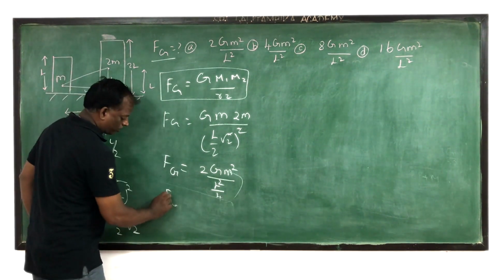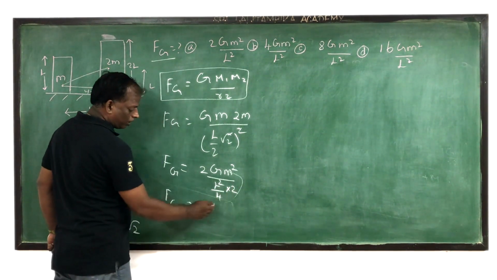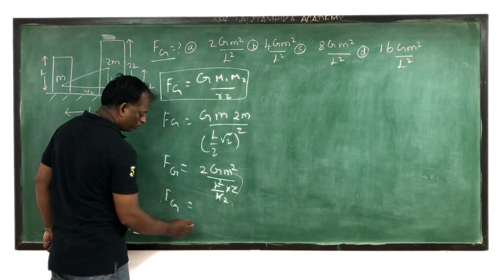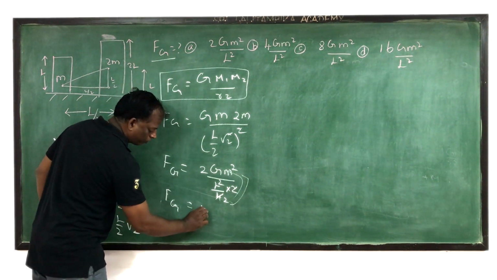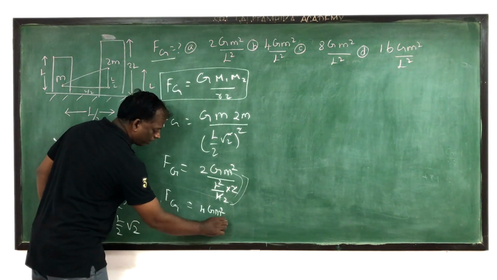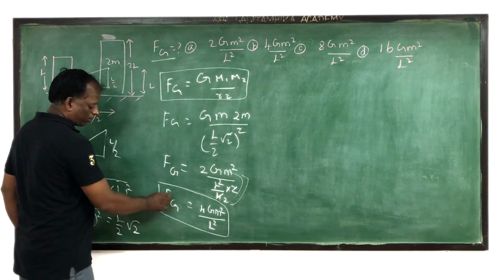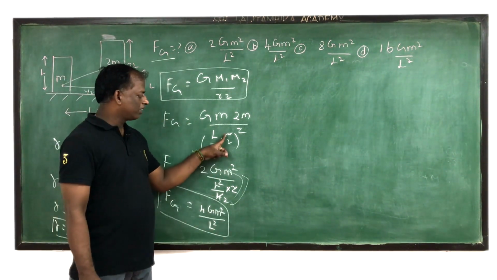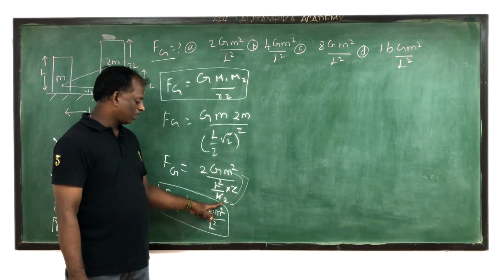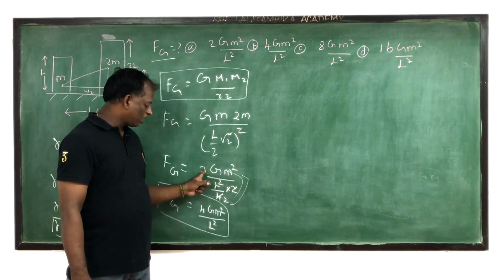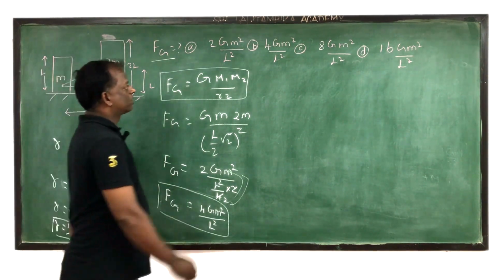So Fg is equal to, into 2. If we cancel this 2 it will be 2. Now this 2 goes up, it is 2 into 2, it is 4Gm square divided by L square. We should not rush, because here it is the root 2 that has cancelled, so there will be 2. Now we can cancel this 2 with this 2, and cancelling 4 gives us 2. This 2 goes up, it will be 4Gm square by L square. So the option is B.